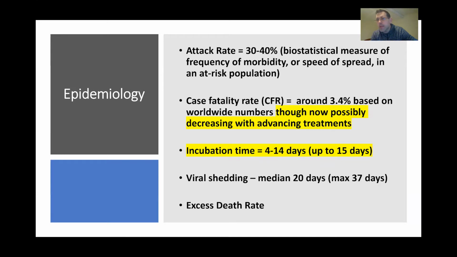Now, perhaps a number that's not given enough attention is what's called the excess death rate. So what exactly is this? Well, let's say if you are a 90-year-old gentleman with multiple comorbidities, and just as fate would have it, you were going to pass away in the year 2020 anyway. However, unfortunately, you contracted COVID, and COVID brought about your demise.